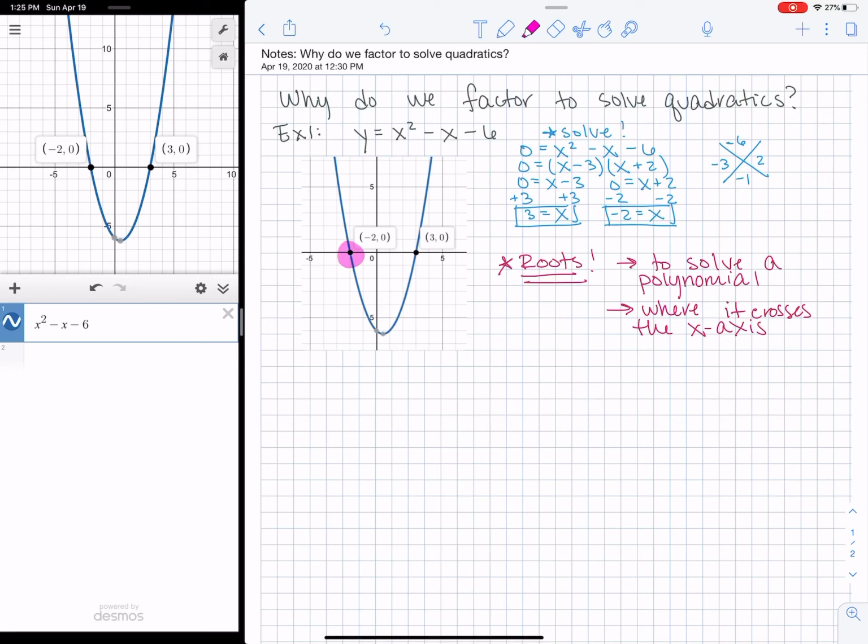So here's one root, here's your other root, and this is -2, 0 and 3, 0, which also happen to line up with my answers here of 3 and -2. So overall theme is that our roots are what it means to solve a quadratic.